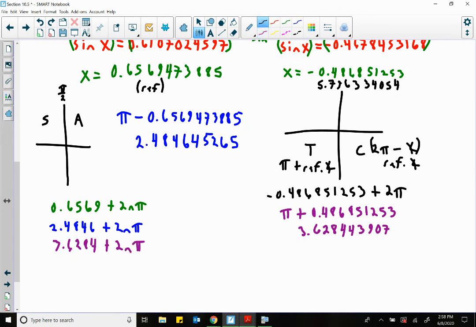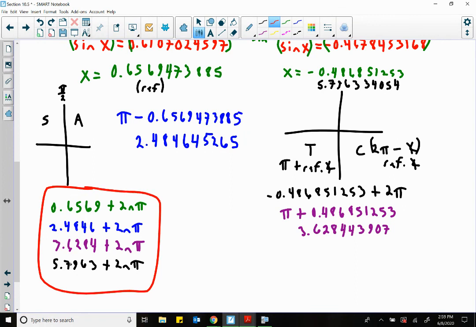And then last but not least will be 5.7963 plus 2n pi. And that is what they are looking for as your answers. Because these first four right here solve the problem, and then this piece right there gives you all the other answers that will work if we keep going around coterminally.